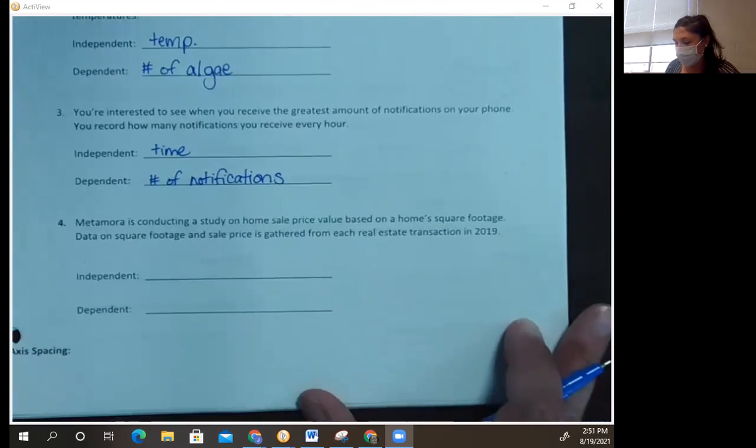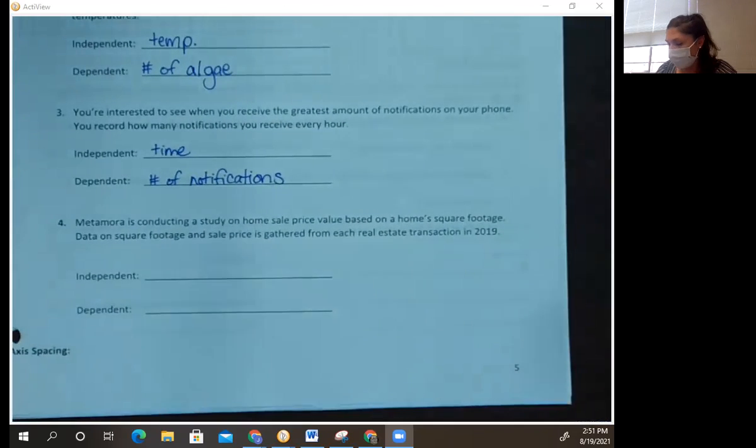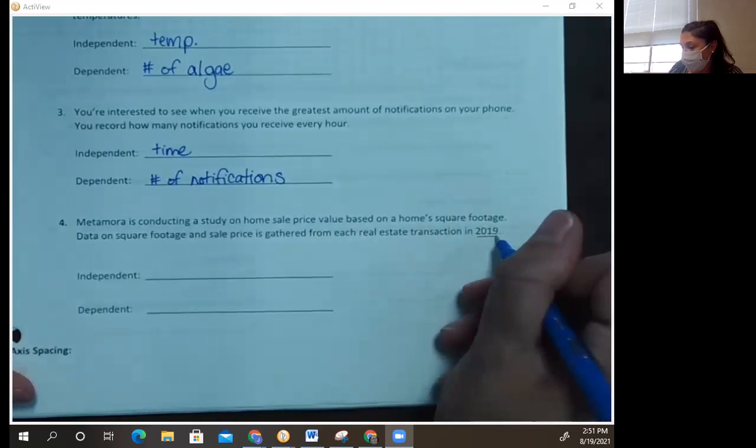And then our last one here, Metamora is conducting a study on home sale price value based on the home's square footage. Data on square footage and sale price is gathered from each real estate transaction in 2019. What would be the independent variable here? Well, I'm collecting it all from the same year.